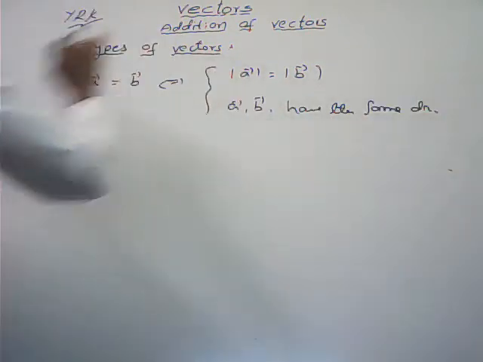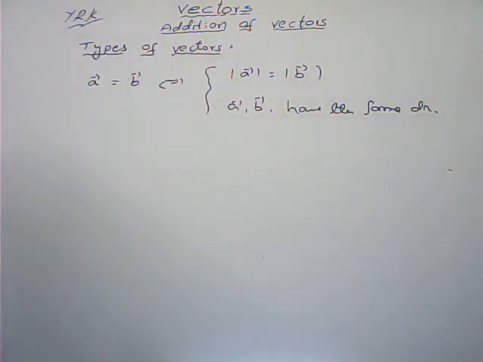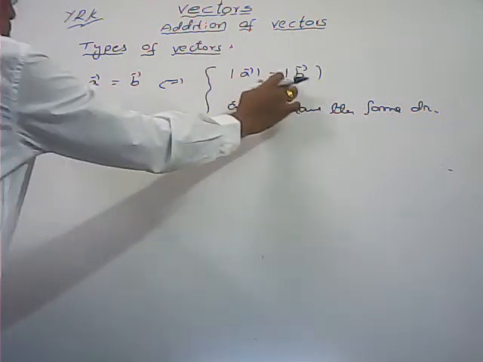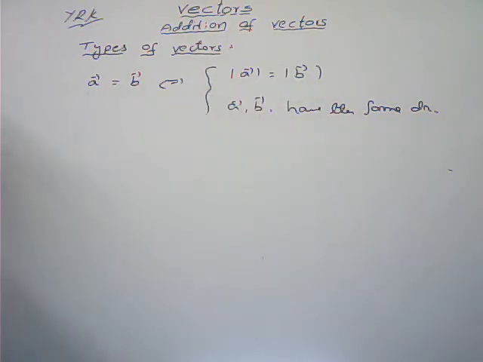Then these two vectors are said to be equal vectors. Their magnitude should be the same and both are having the same direction.